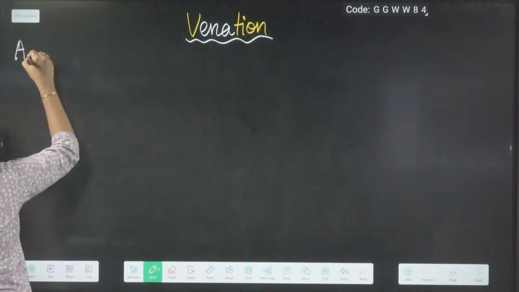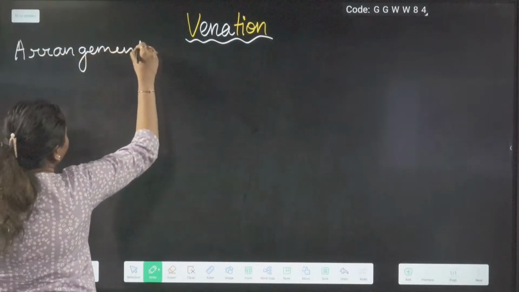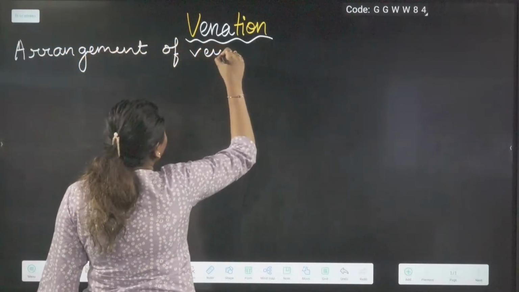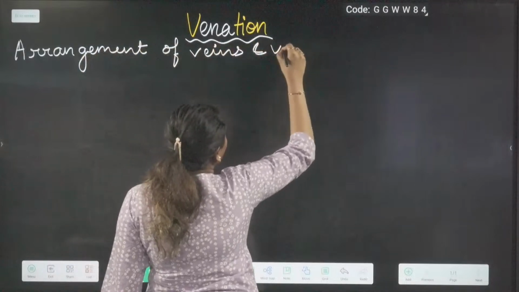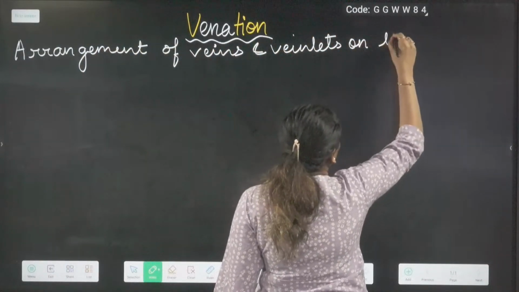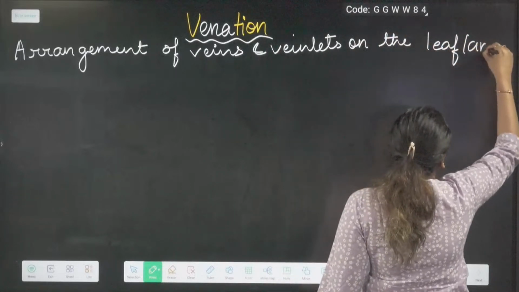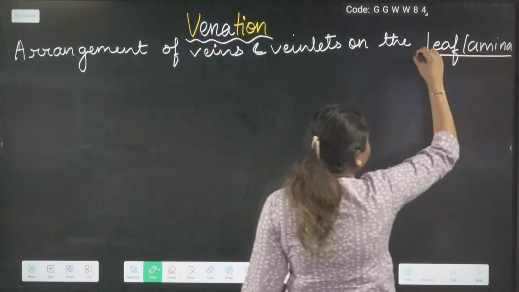So what is venation? It is the arrangement of veins and veinlets on the leaf lamina.